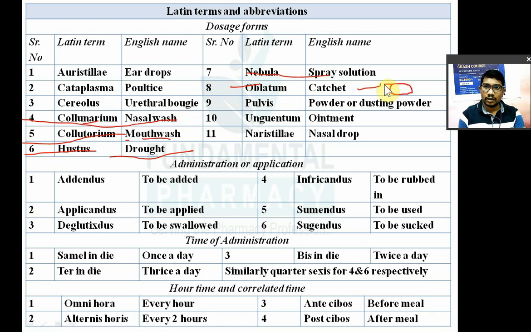कुछ आपका पाउडर ड्रग होगा which is having unpleasant taste है। Now what do you mean by cachet? कैचेट मतलब क्या?